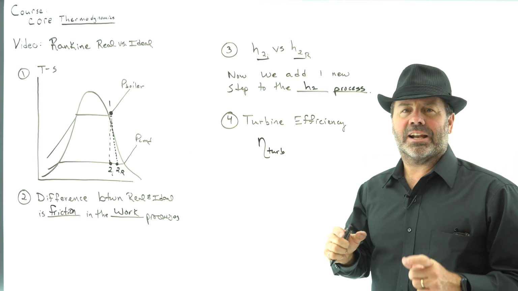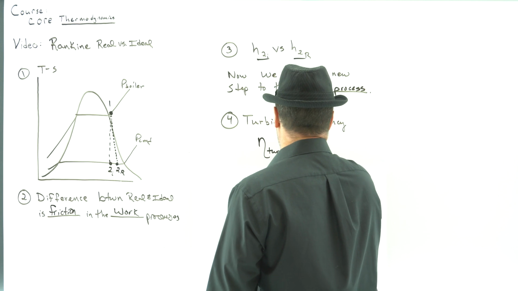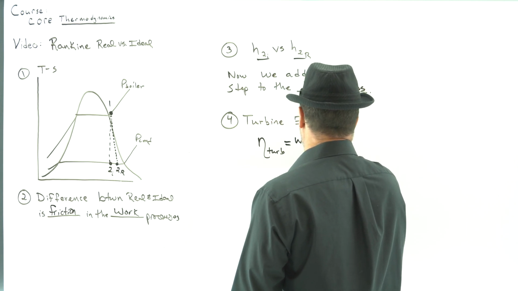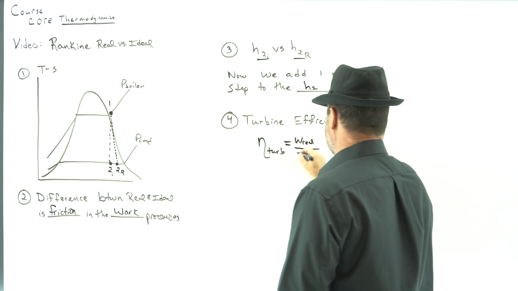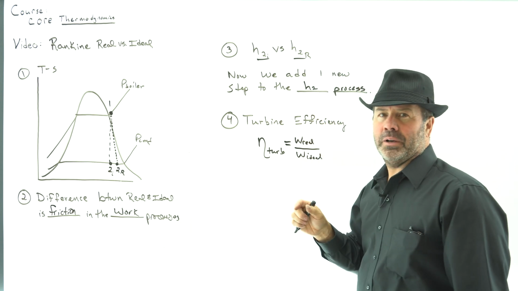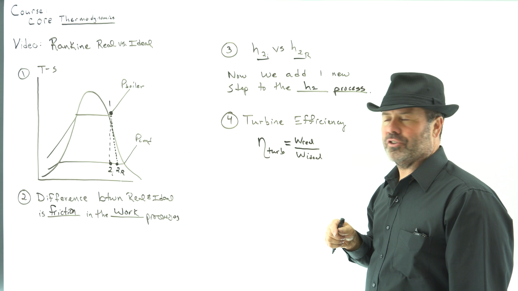Now this is a mechanical efficiency. Basically what it's saying is I'm going to get less work out when there's friction than when there's not. For a turbine, I get less work out when there's friction than when there's not.